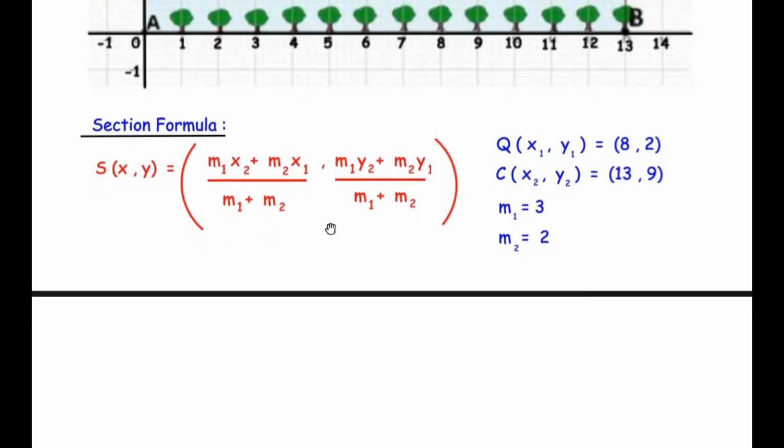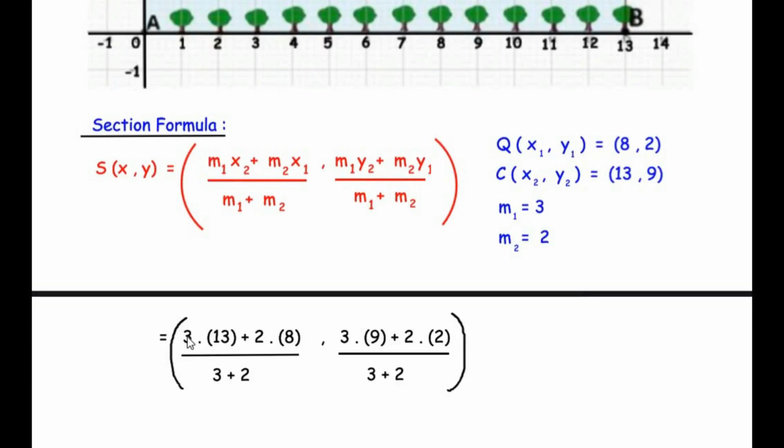So let us substitute over here. m1 is 3 times x2 is 13 plus m2 is 2 times x1 is 8, divided by m1 plus m2, which is 3 plus 2. Similarly, m1 times y2 is 3 times 9 plus m2 times y1 is 2 times 2, divided by 3 plus 2.